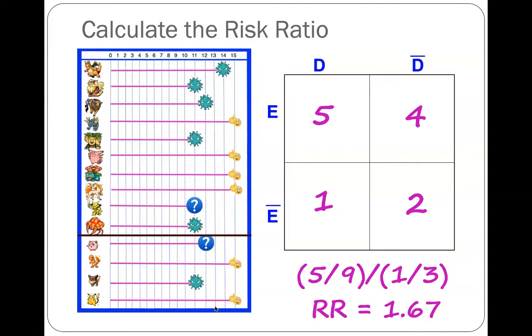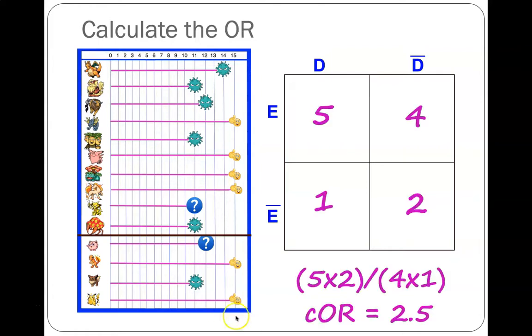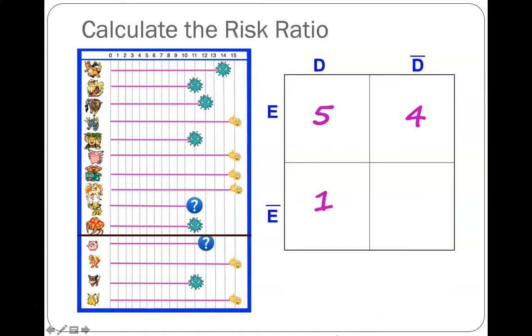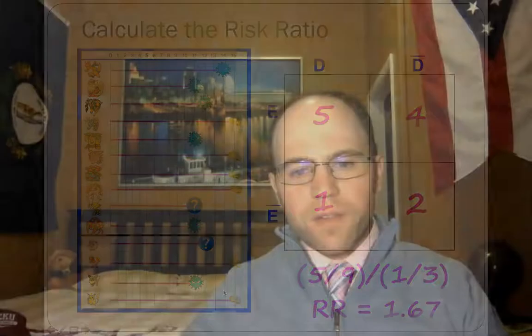And you interpret this almost exactly the same way you would interpret the odds ratios. So you remember before with an odds ratio of 2.5, and these are crude, this is a crude risk ratio, it's not adjusted for anything. Instead of saying the odds of disease among the older ones, we say the risk of disease among the older ones is 67% higher than the risk of disease among the younger.